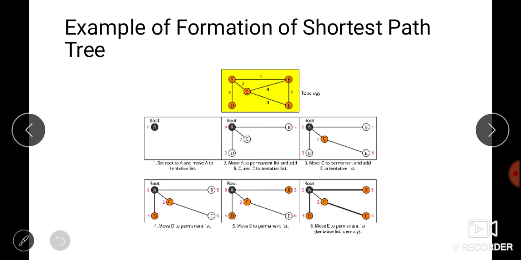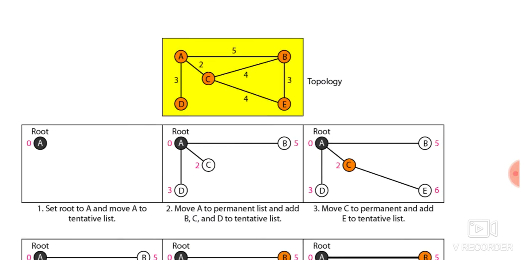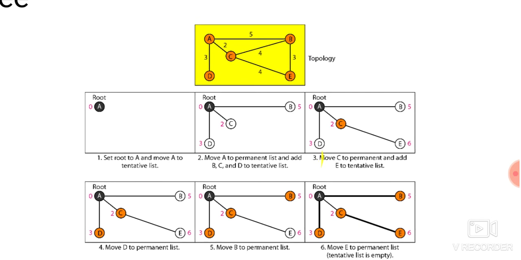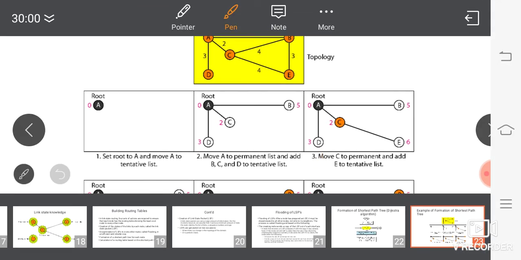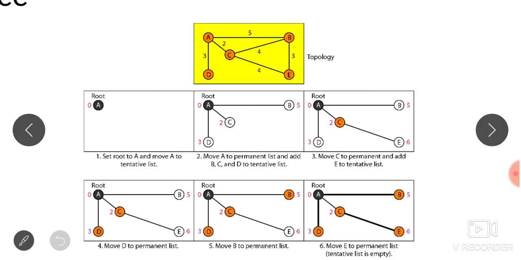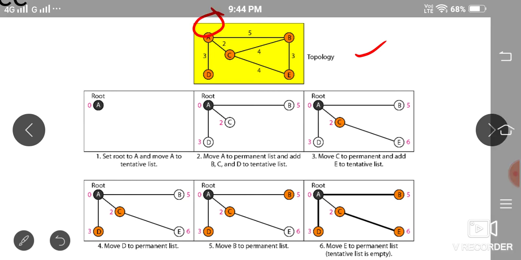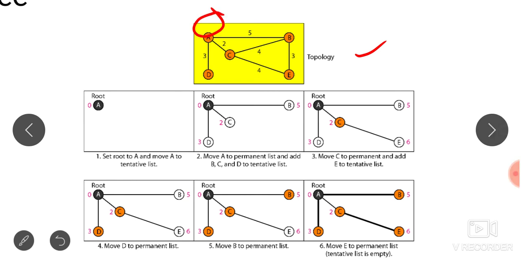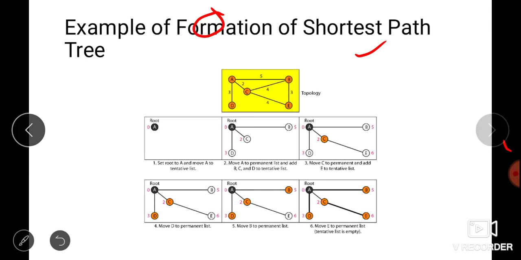Okay, so this is the starting point. First of all we will take the node A. A will be first added to the tentative list.